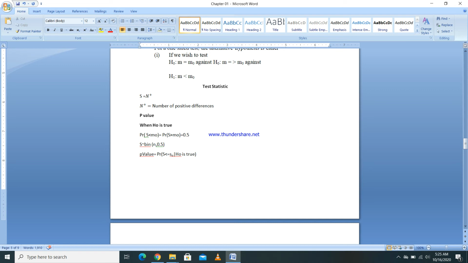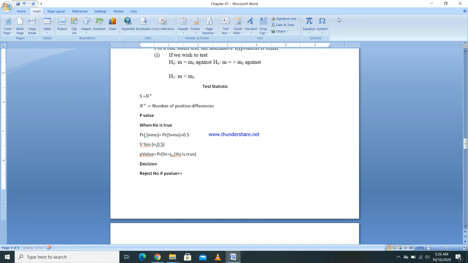The next thing is how you are going to take your decision. After calculating the p-value, you can reject H naught if your p-value is less than or equal to alpha.